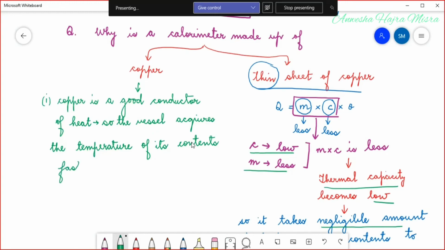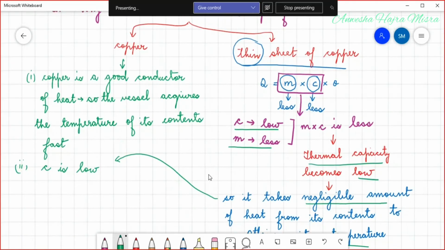And secondly, you can add, since it's copper, its specific heat capacity is low. The C is low. So the calorimeter takes a negligible amount of heat to acquire the temperature. So this can be added.